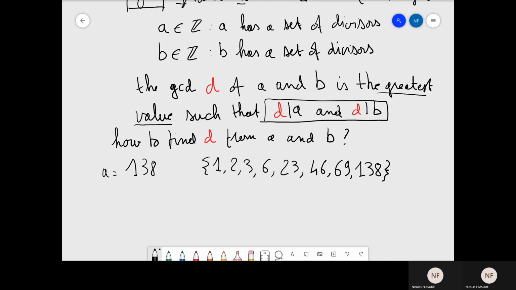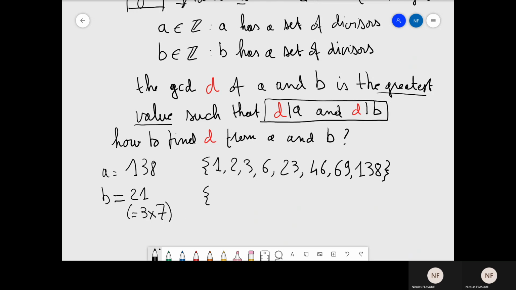Okay, let's take, for example, B equal to 21. Actually, 21 is equal to 3 times 7. That's how we can decompose 21 as a product of prime numbers.